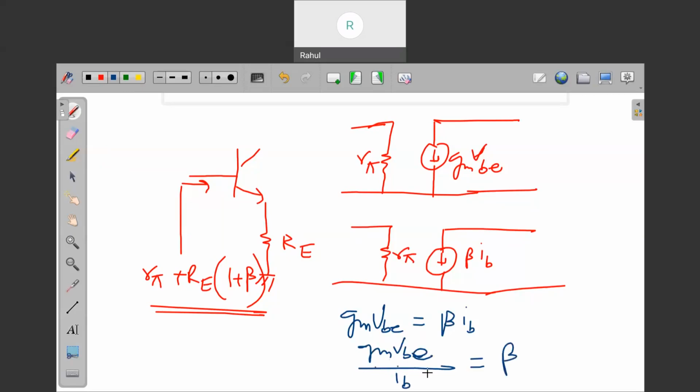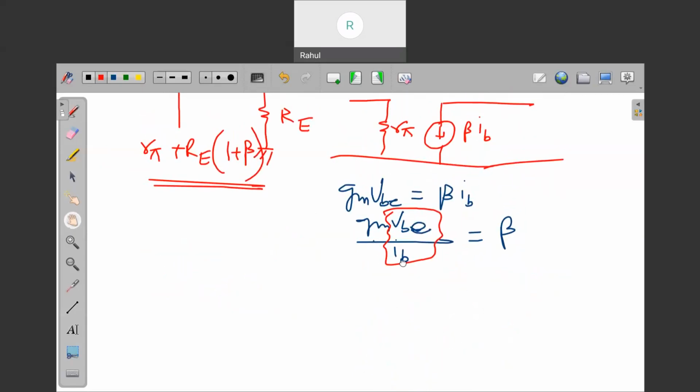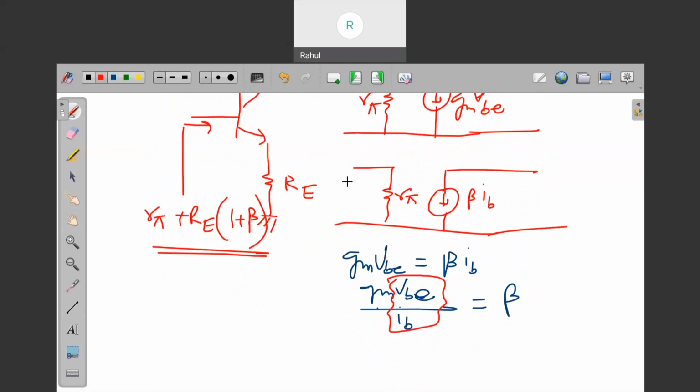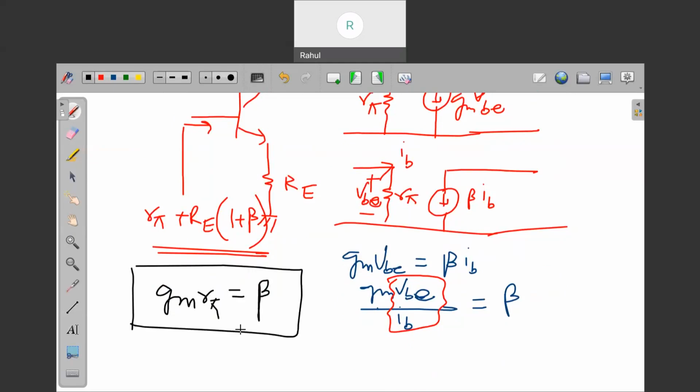It is r pi, because here it is VBE and the current flowing is IB. A very important relation: gm times r pi is equal to beta.